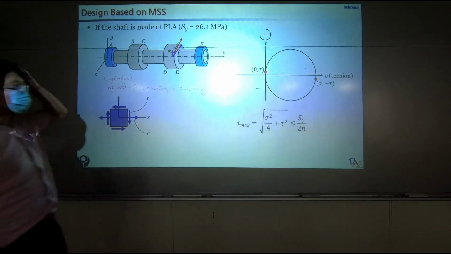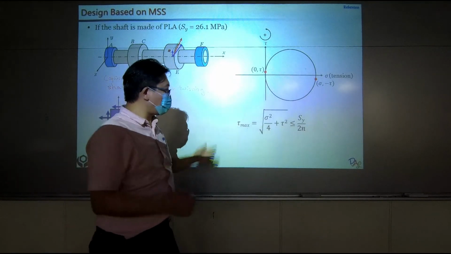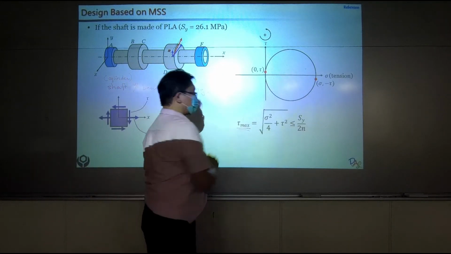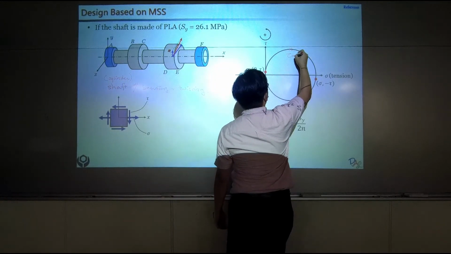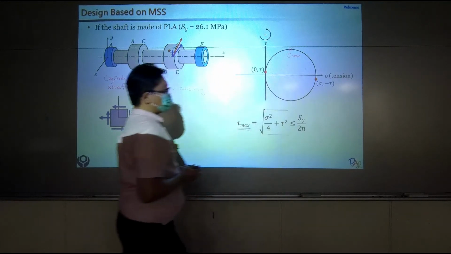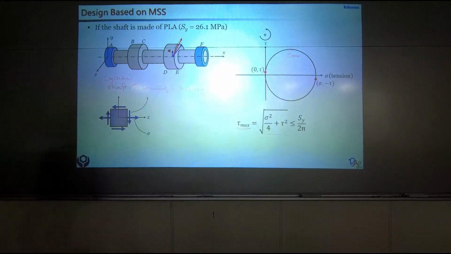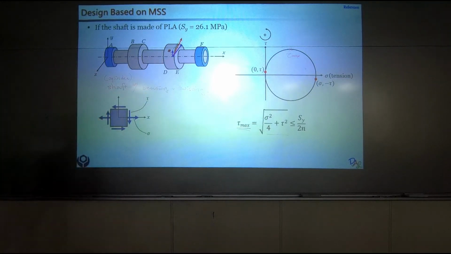And if you draw the Mohr diagram and then try to formulate the maximum shear stress over here, this will be the equation: the square root of sigma squared over 4 plus tau squared. We use this equation a lot.